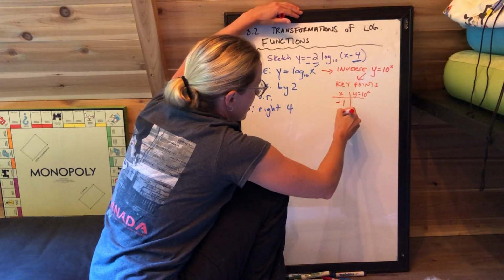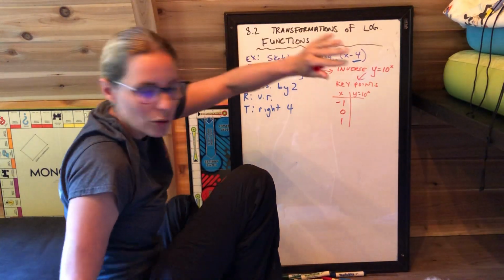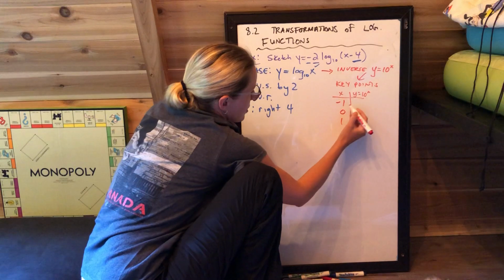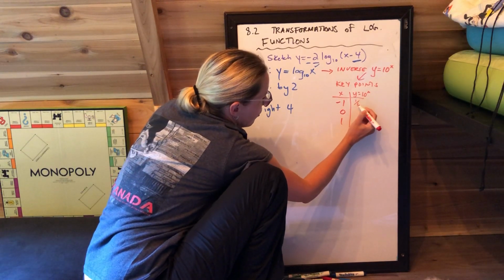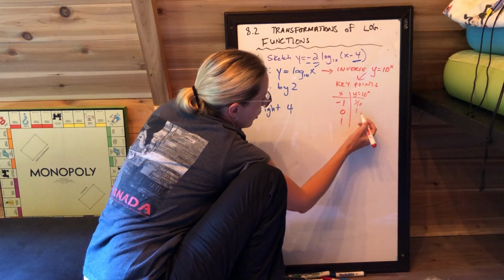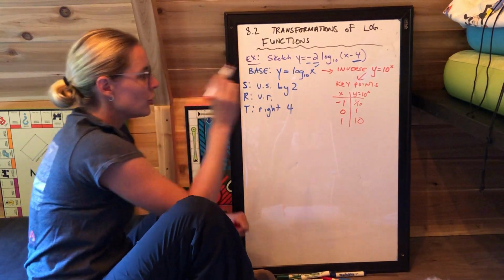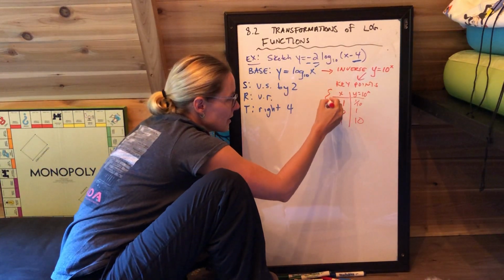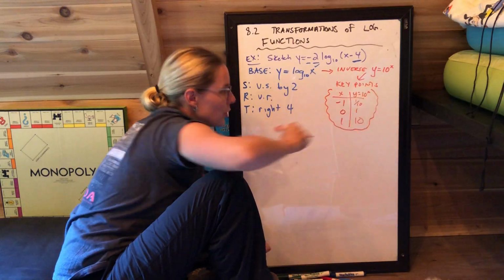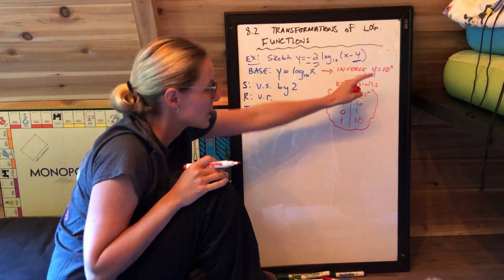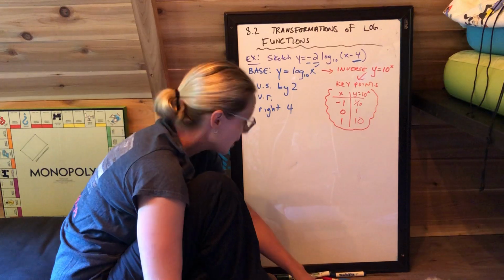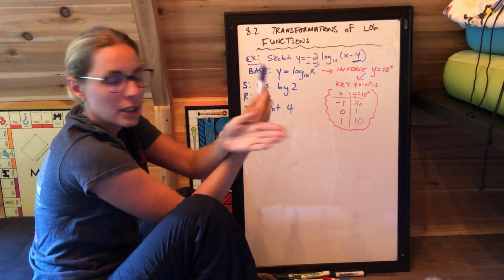If you were in my class, I would have said, put -1, 0, and 1, and then see what happens. So when I put 10 to the -1, I get 1/10. 10 to the 0 is 1. 10 to the 1 is 10. So you're going to take these original key points for the exponential function, and you're going to interchange them.